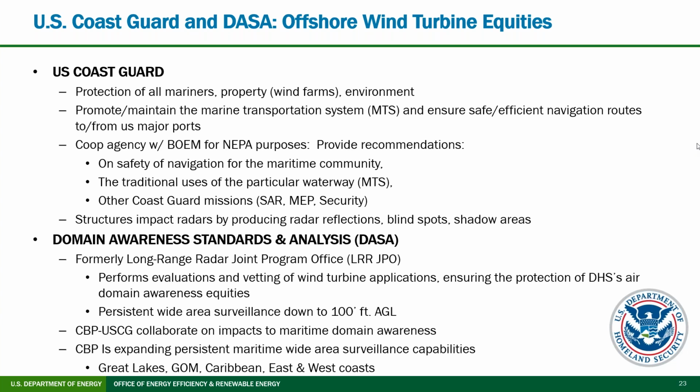In addition, we need to promote the marine transportation system and maintain it and ensure safe routing to and from our ports. The United States receives plenty of goods from shipping. In fact, I've heard numbers between 80 and 90% of our goods shipped in and out of the country obviously depend on that MTS.